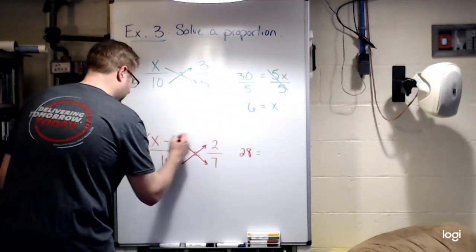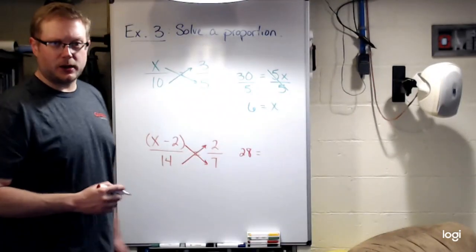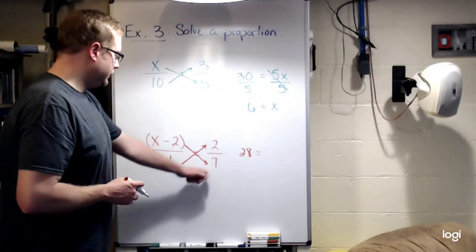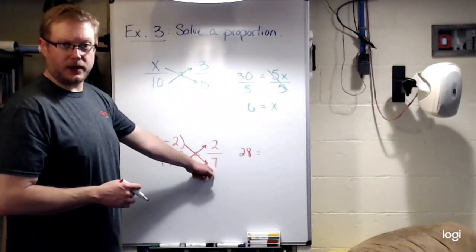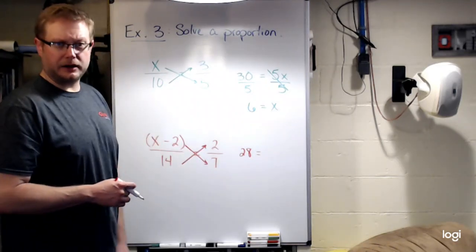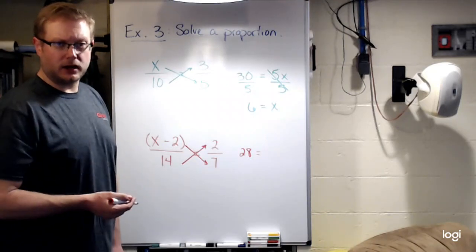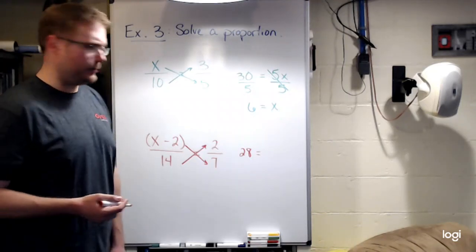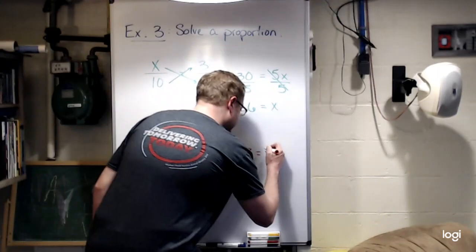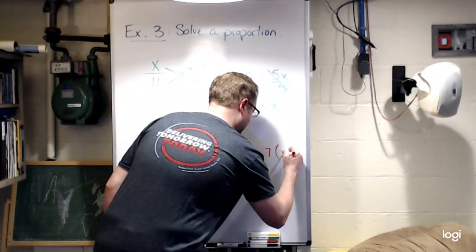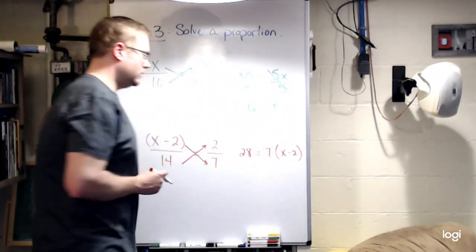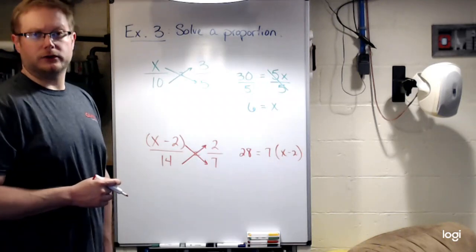Now, it's the entire expression that we have to cross multiply. So you really are going to take this 7 and distribute it to the x minus 2. I'm going to go ahead and write this in a couple of steps just so you can see what I'm doing. So 7 times x minus 2, or the quantity x minus 2, is really what it's going to be.